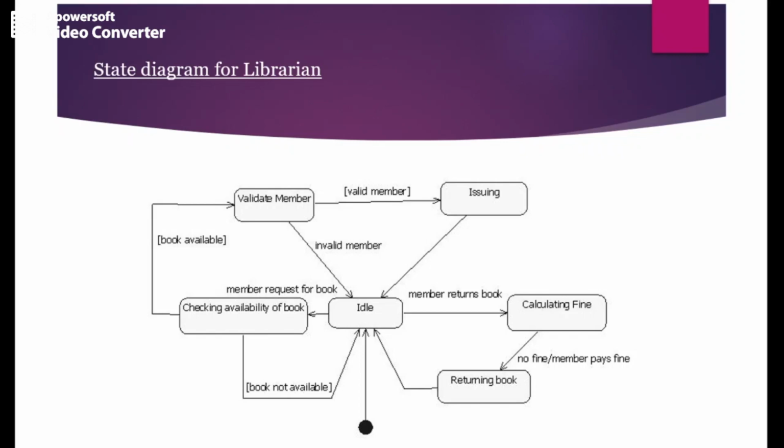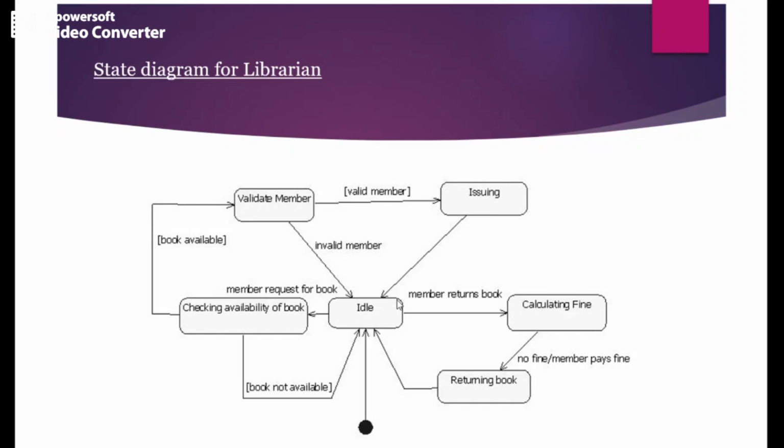First, whether the book is available or not is checked. If it is available, then he will validate the member. Take the member details, validate them, and if it's confirmed that he is a valid member, then he will issue the book to the member. If it is invalid, again to idle state.